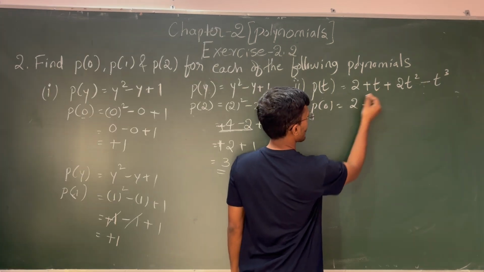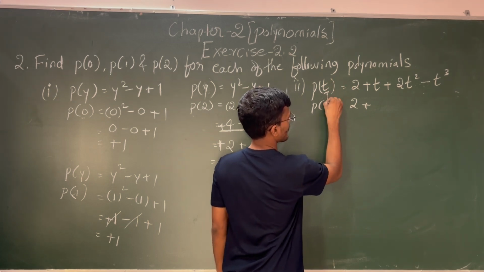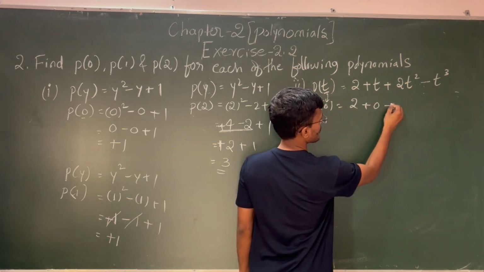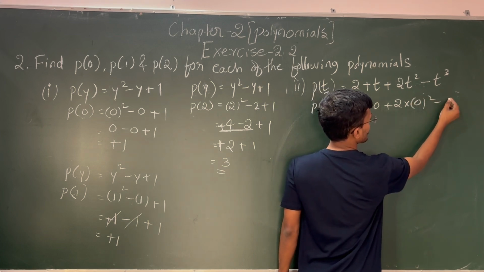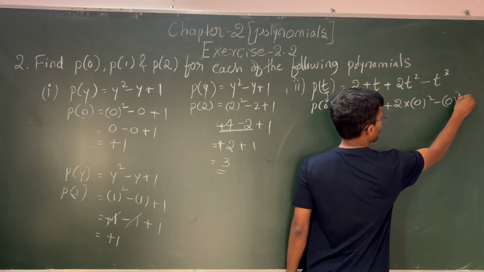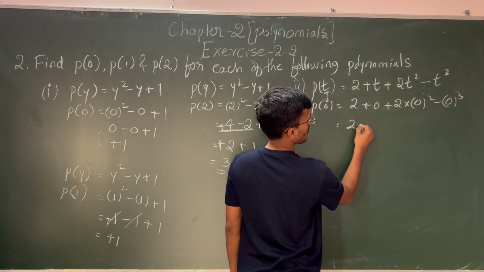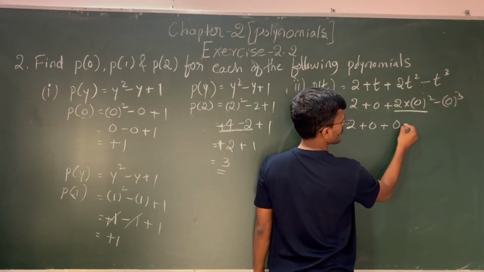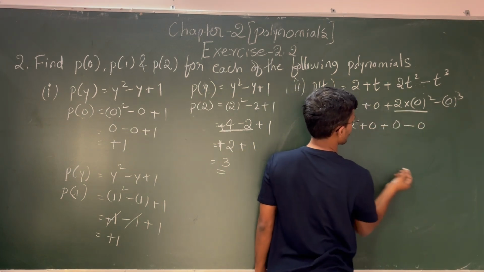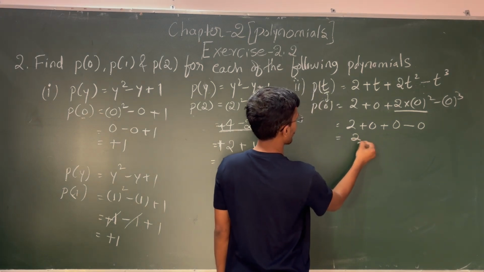Next, with t equal to 0: 2 plus 0 plus 2 into 0 square minus 0 cube. 2 plus 0 plus 2 into 0 is 0, minus 0. So the answer is 2.